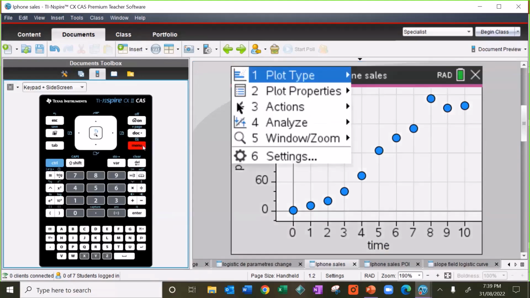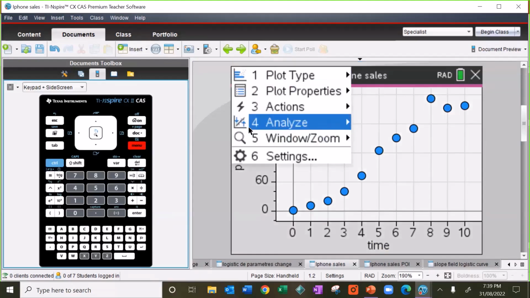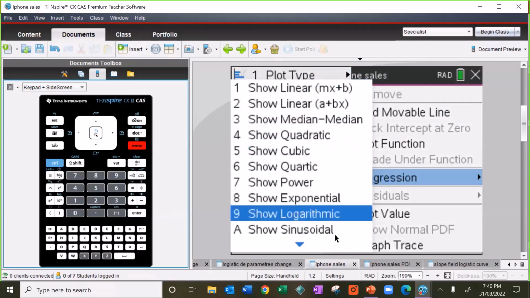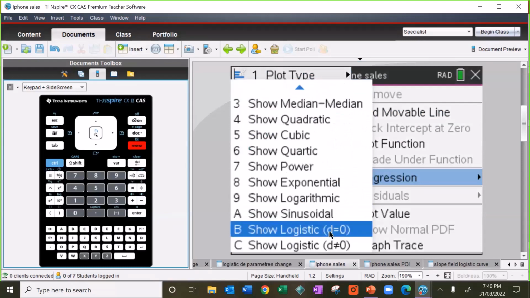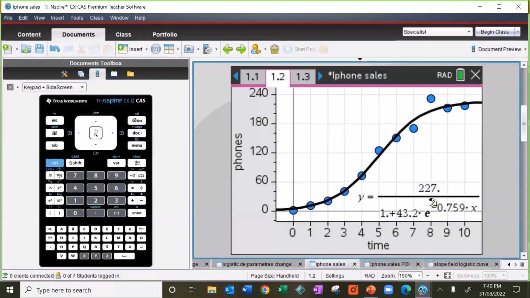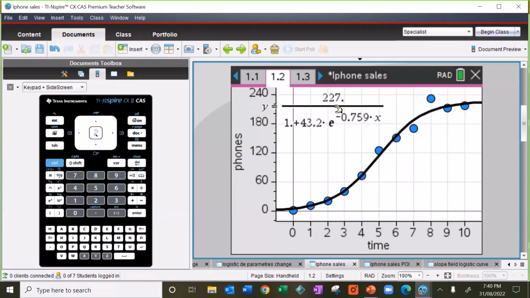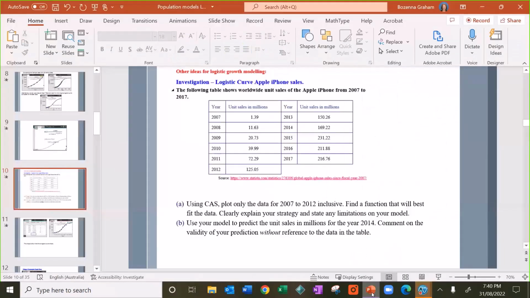Similarly, we can use regression, again using logistic with D equals 0, and we get our equation. So these are the original sales from this data, 2007 to 2017.